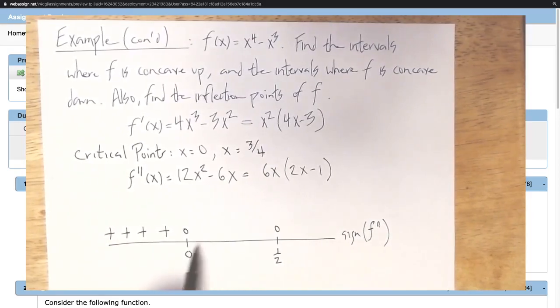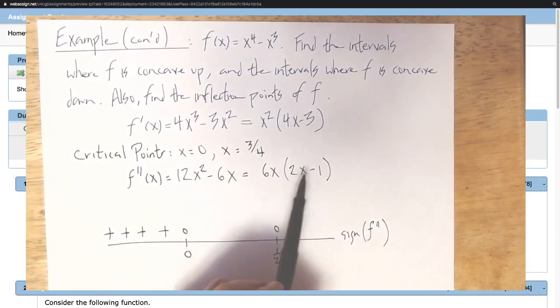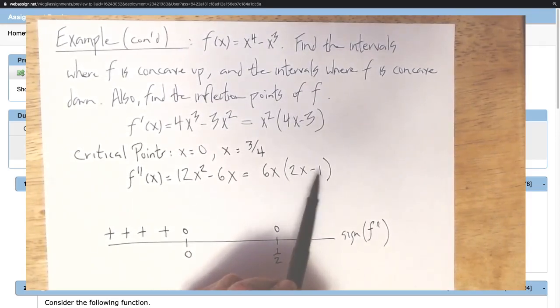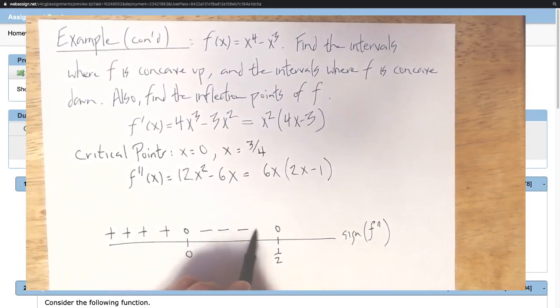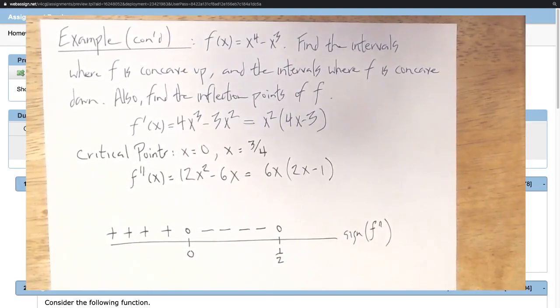For x between 0 and a half, I could use a test point of a fourth, right? 6 times a fourth is a positive number. 2 times a fourth is a half, and a half minus 1 is negative. So I'd have a negative times a positive, so that would give me a negative. So my second derivative is negative in that region between 0 and a half.